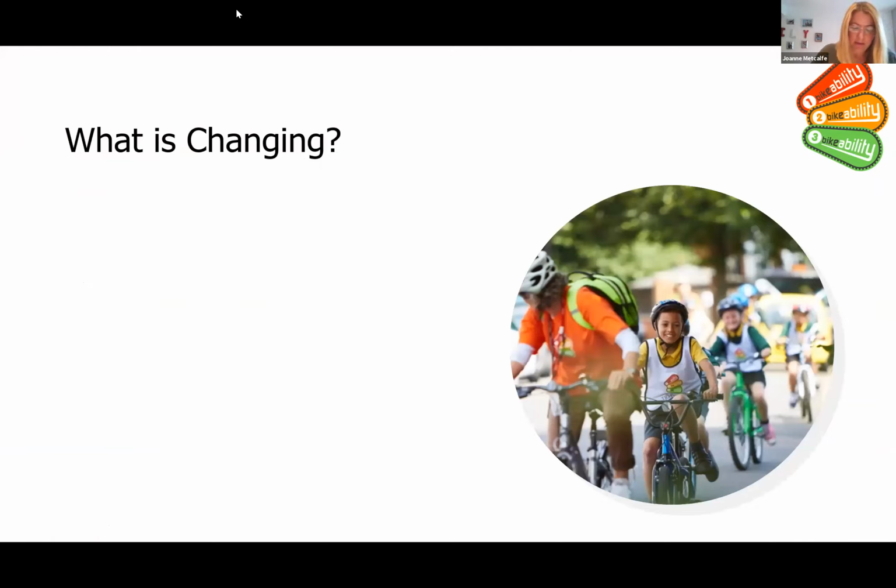Okay. So in terms of the procedure, what is going to be changing? We're going to go live on the date, which is anticipated to be the 1st of November. We anticipate it because we know that things change, but we will say that it won't be any earlier than the 1st of November. So that's when we need to look at trying to put some of these changes and procedures in place.